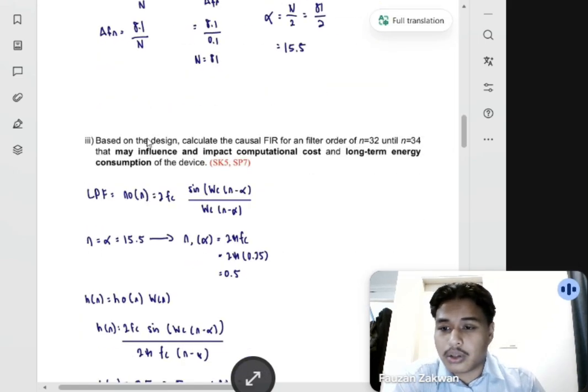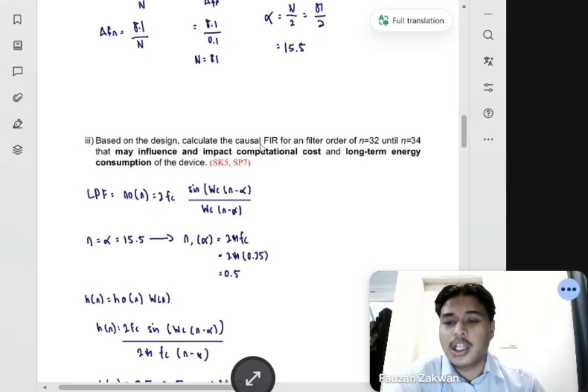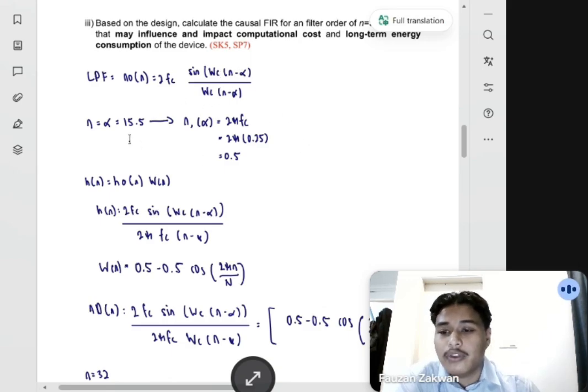So the next question, based on the design, is to calculate the causal FIR for a filter order of 32 until 34, which may influence and impact the computation cost and long-term energy consumption of the device. The first thing is h_LPF equal to 2Fc sin(Wc(n minus alpha)) divided by Wc(n minus alpha).